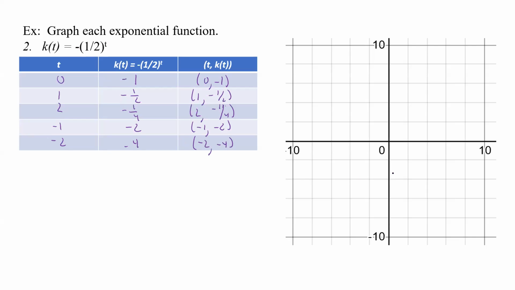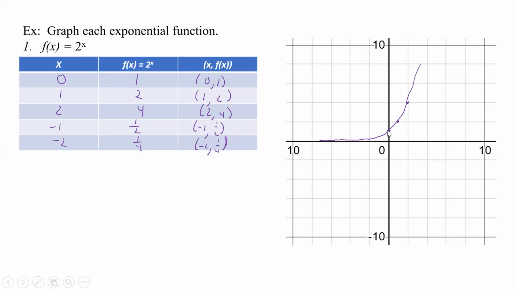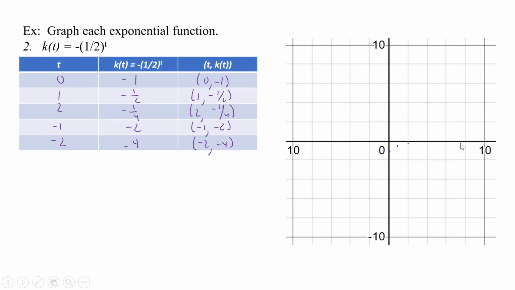Okay, so 0, -1. So now we're on the other side of the x-axis. Then we have 1, -1/2. And then we have 2, -1/4. So it kind of looks like a mirror reflection as far as these parts. You know, it's going half, quarter, but it's going on this side.